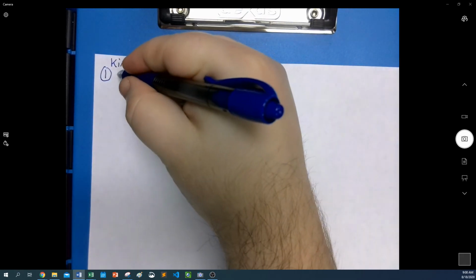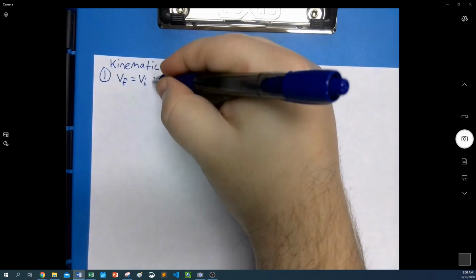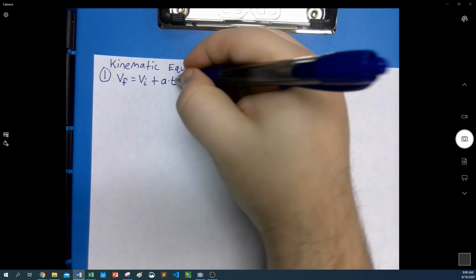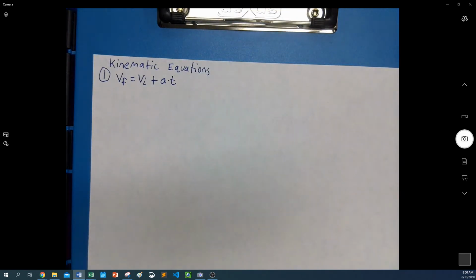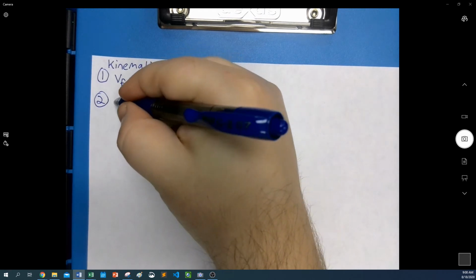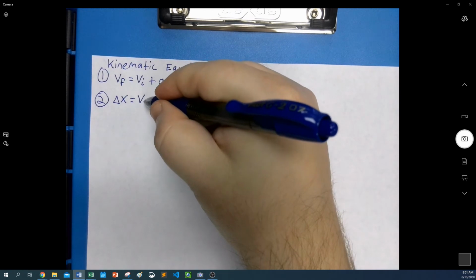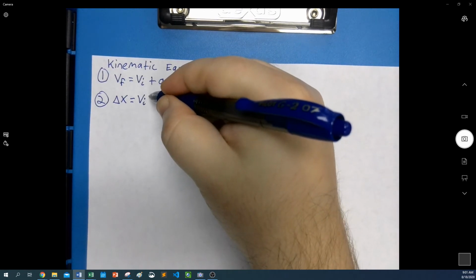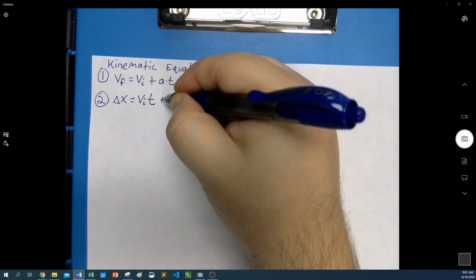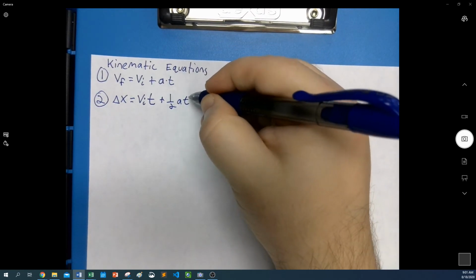Our first one is going to be VF is equal to VI plus A times T. For the second one, it's going to be delta x, change in x, is equal to VI times T plus 1/2 AT squared.